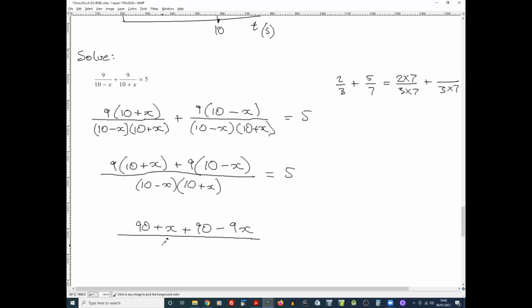Like 90 plus 9x. Did I miss that one? I think so. Thank you. 90 minus 9x. Right. And then on the bottom it would be 100 plus 10x, minus 10x. Good.